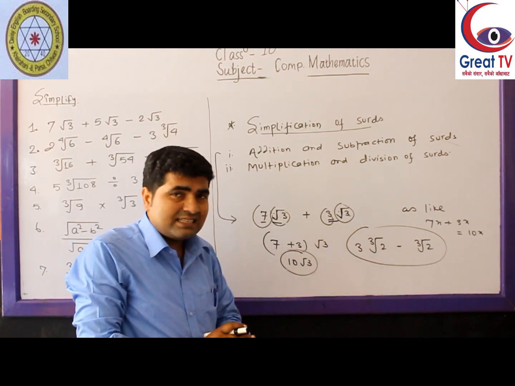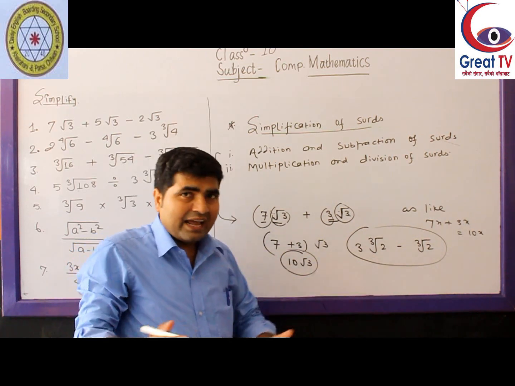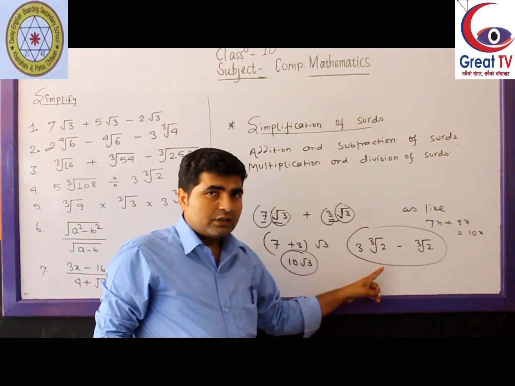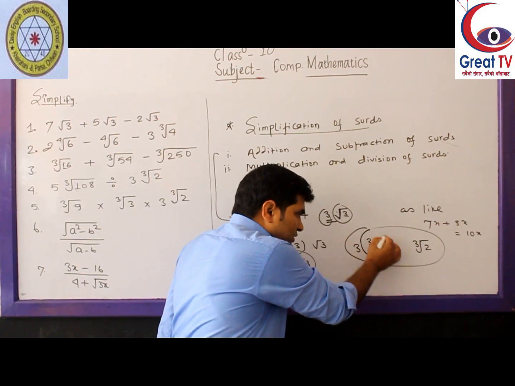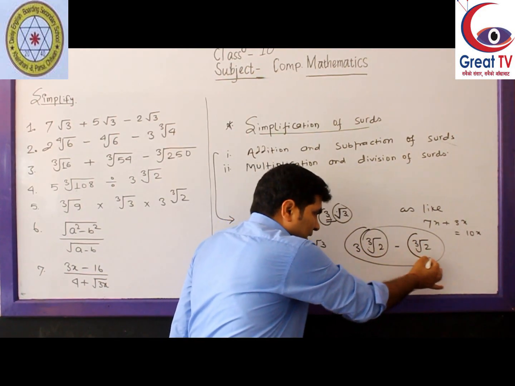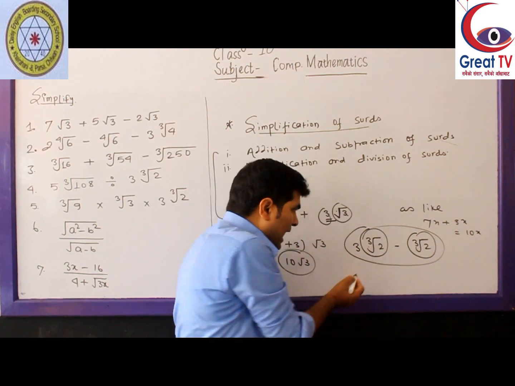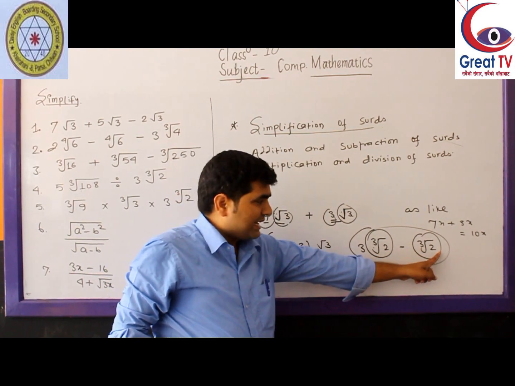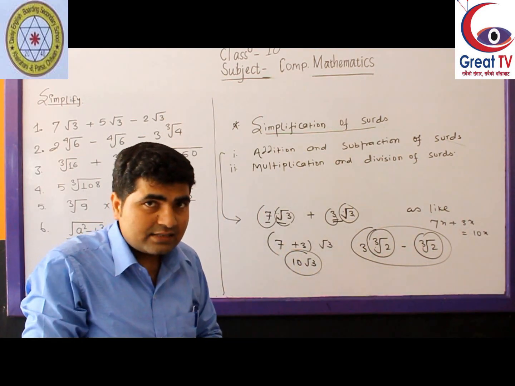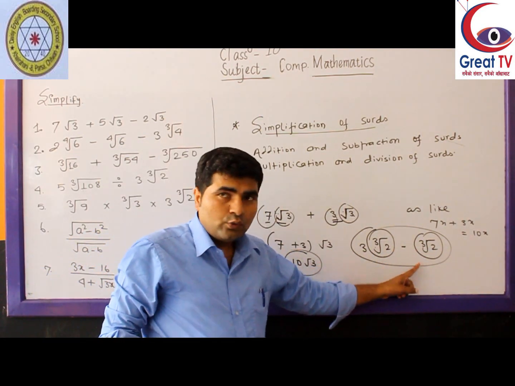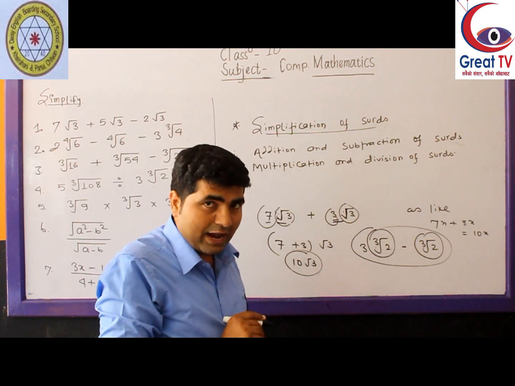If you have like Surds, in that case we can subtract and add. Otherwise we can't. Here the order of the first Surd is 3, and similarly the second one is also 3. The radicand of the first and second are the same. That means these two Surds are like Surds. We can subtract the rational factors.